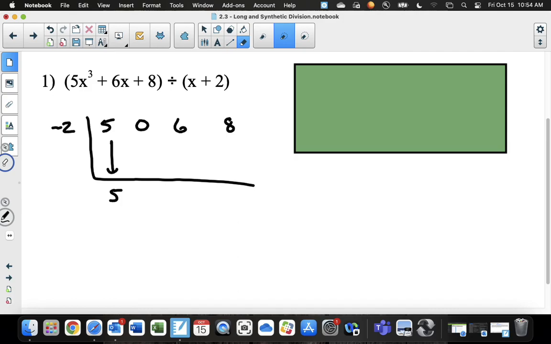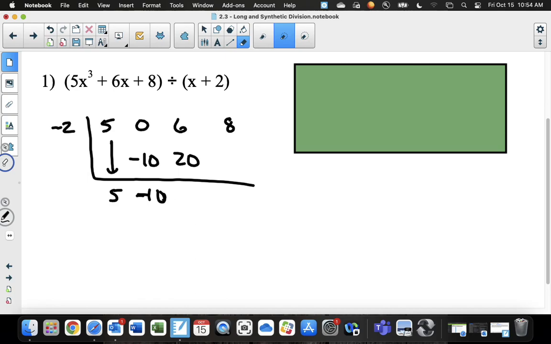5. And now we have a 2-step process that we just keep repeating. Take that number, multiply by negative 2. I get negative 10 as an answer. And then we add. 0 and negative 10 give me negative 10. And then we go again. Multiply. We end up with positive 20. Okay, negative 10 times negative 2.